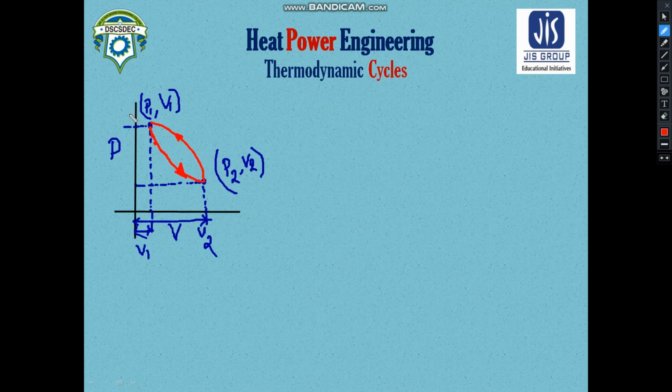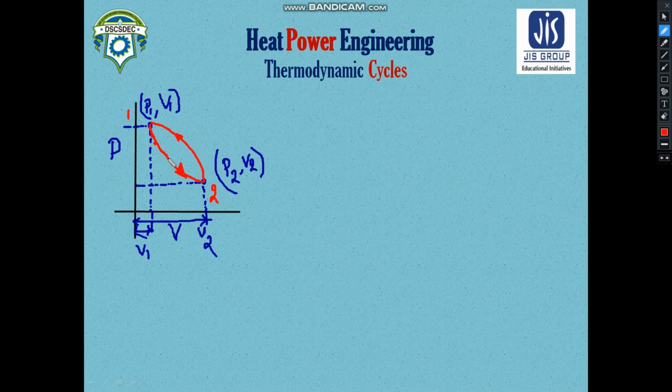If this is our state 1 and this is our state 2, the system was initially at state 1, with a pressure of P1 and a volume of V1. After the two processes, an expansion followed by a compression, we can see that the system has reached its initial condition. That means it has completed a thermodynamic cycle.